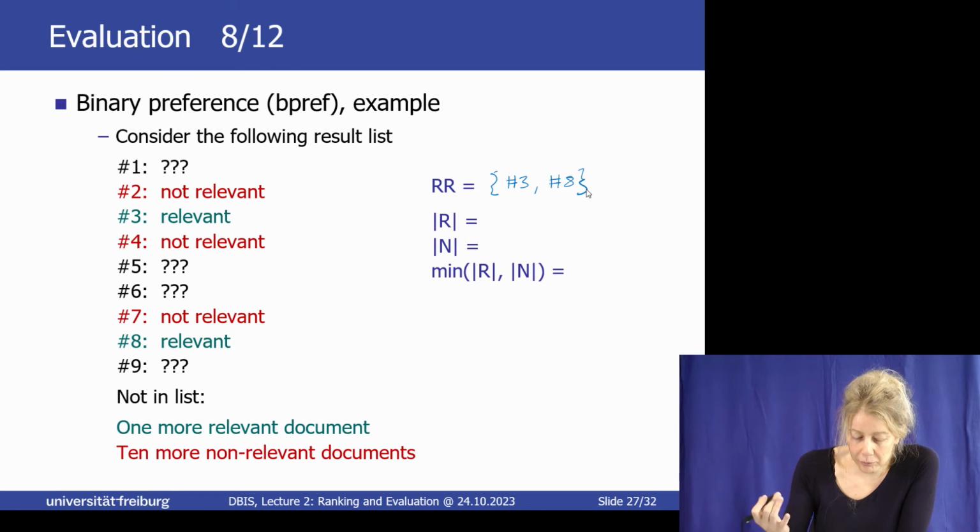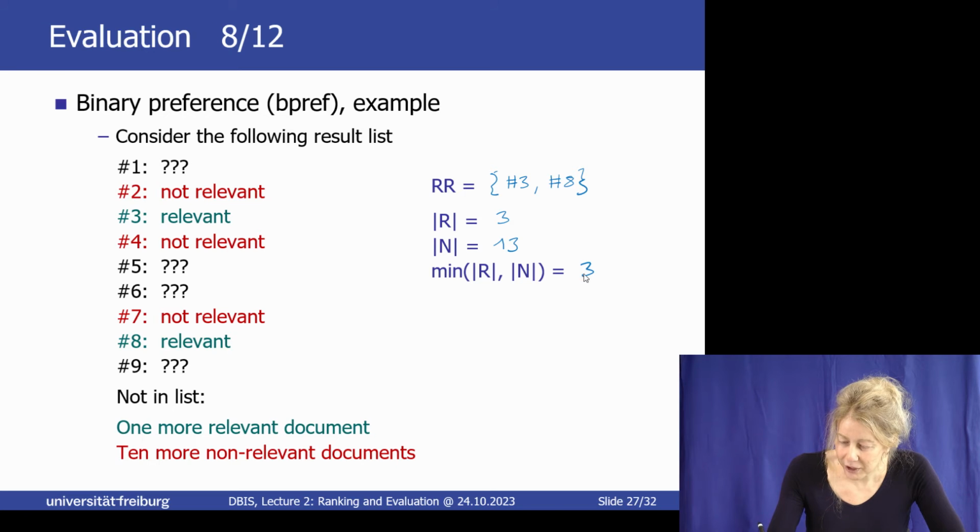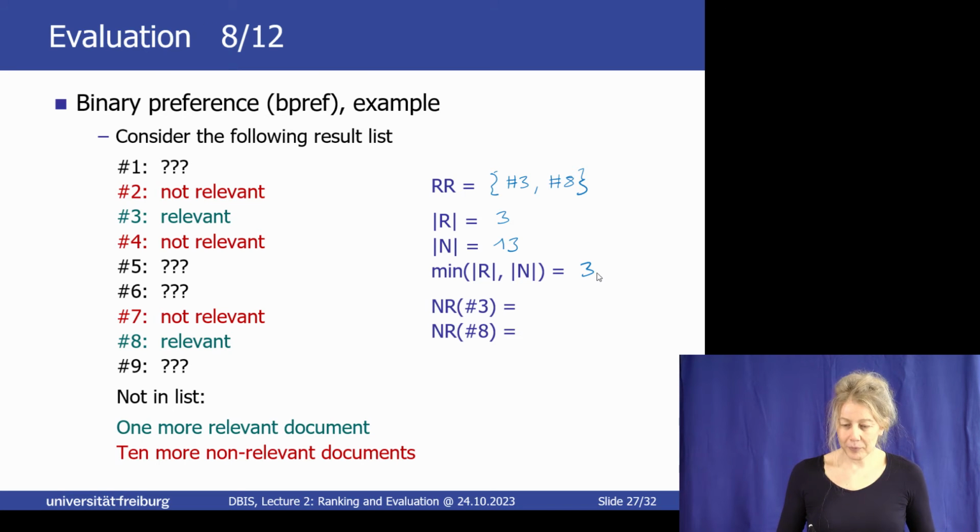There may be more, but only so many were judged, so this is 3. How many non-relevant documents were found? Usually there are more, so also in this example, 1, 2, 3, 10 more, so it's 13. For some reason you take the minimum of the 2, you can't understand this at this point. Let's just take it for granted that we should compute the minimum, and it's 3.